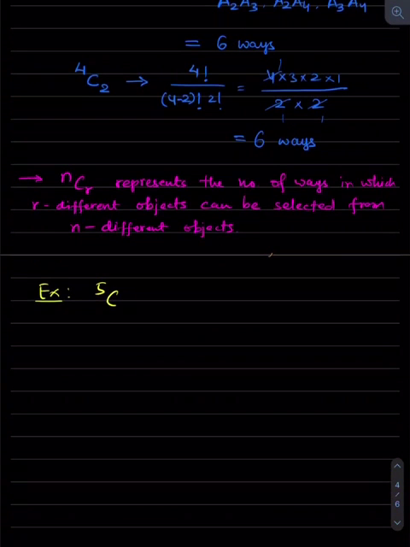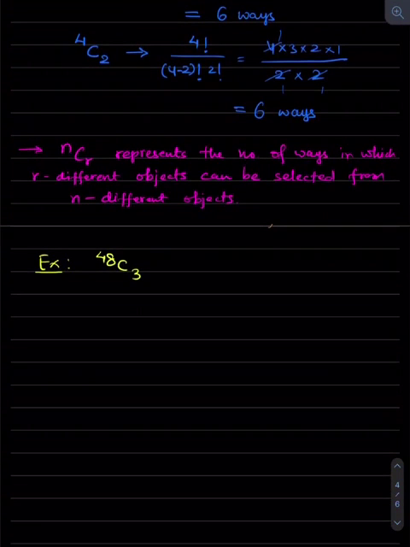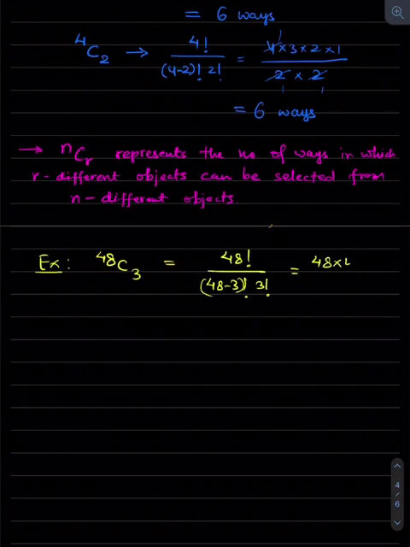So what is 48C3? 48C3 is 48 factorial upon (48 minus 3) factorial into 3 factorial. 48 factorial can be written as 48 into 47 into 46 into 45 factorial, and 48 minus 3 is 45, so the denominator is 45 factorial into 3 factorial, which is 3 into 2 into 1. 45 factorial cancels.